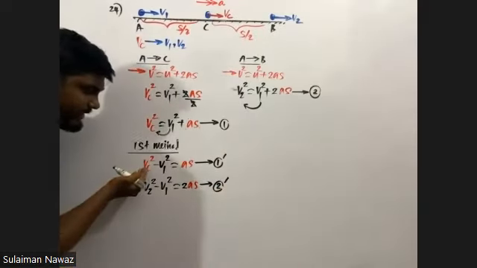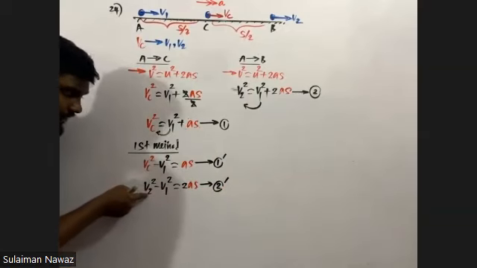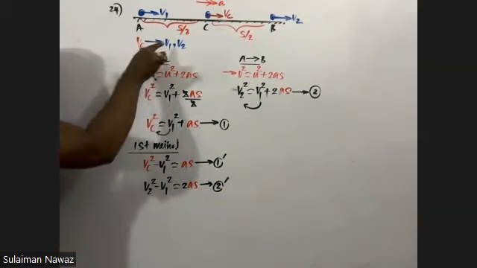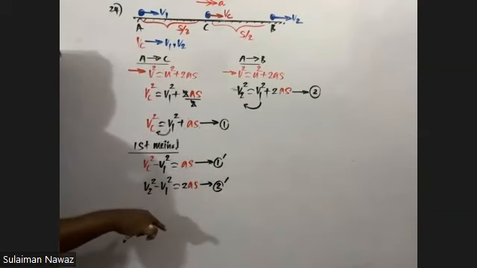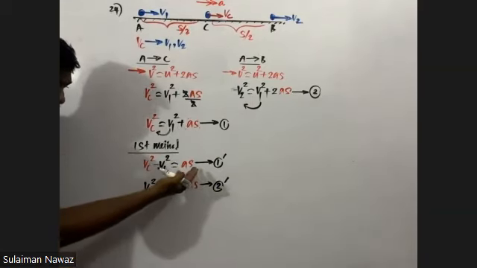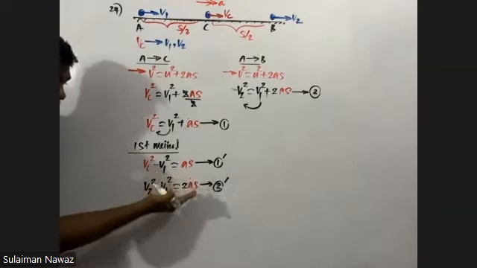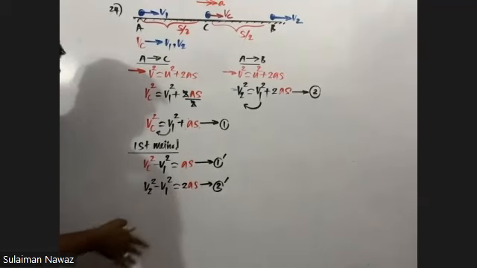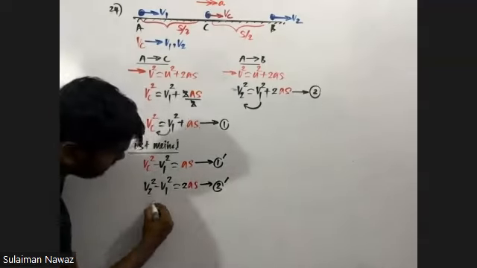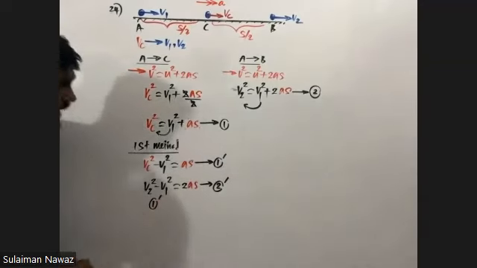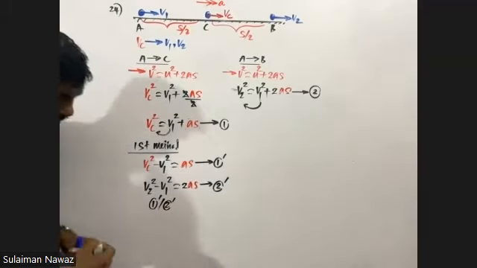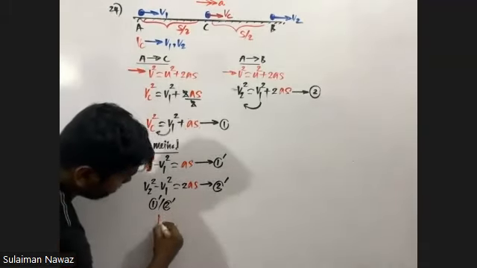Now, if I want to find VC in terms of V1 and V2, who is my barrier? My barrier is AS. So can we eliminate this AS? Yes, we can. How? By division. If you divide 1 dash by 2 dash, what will happen?